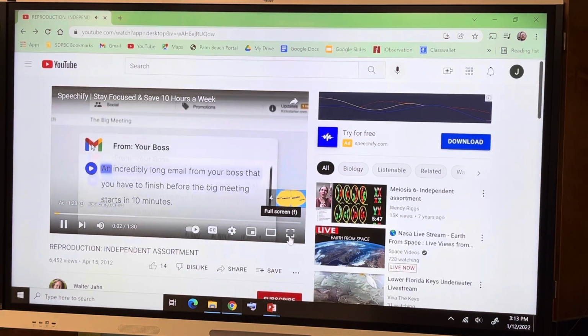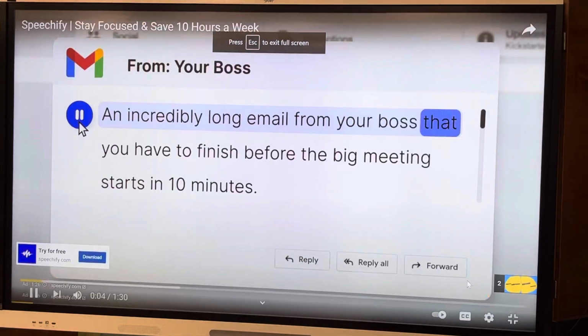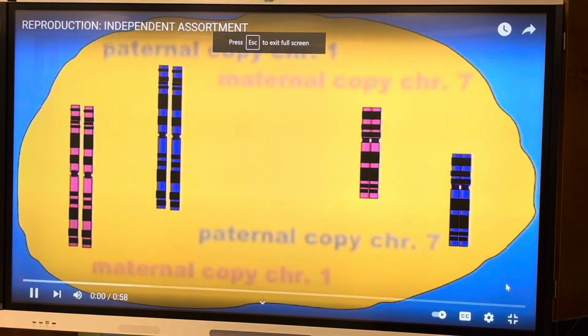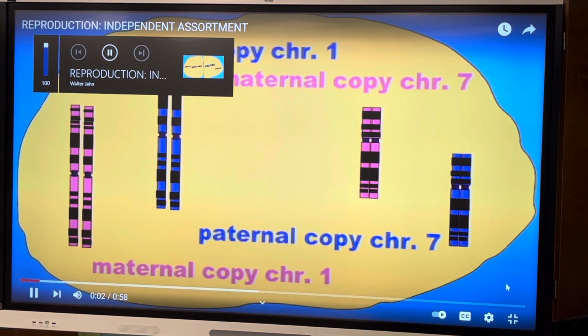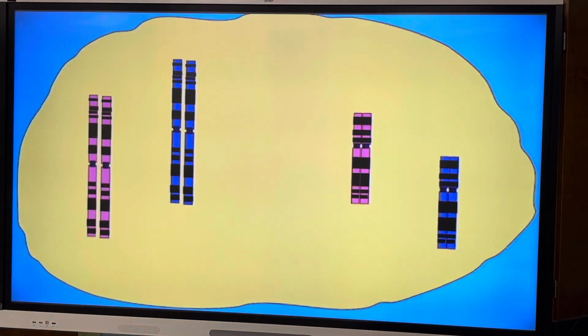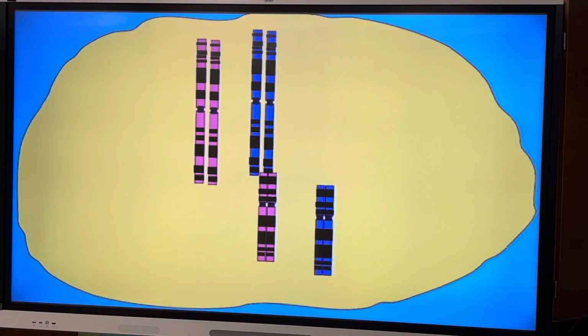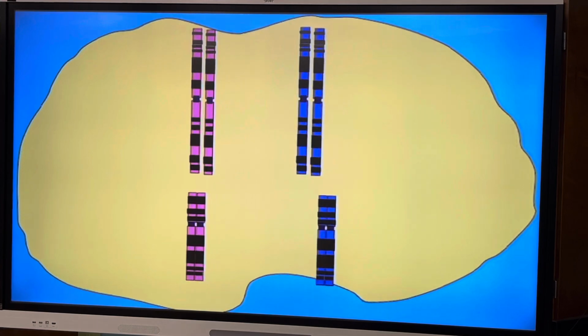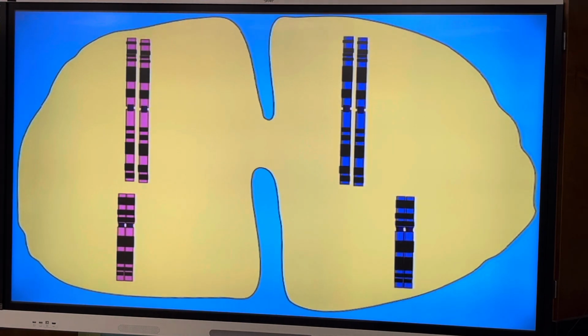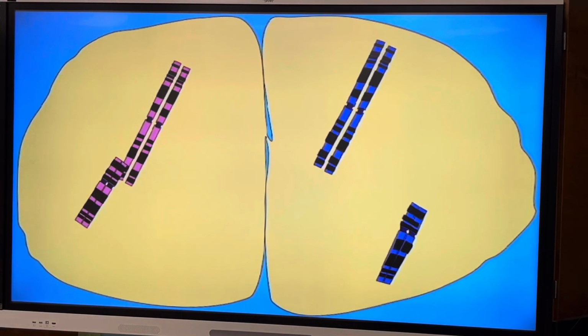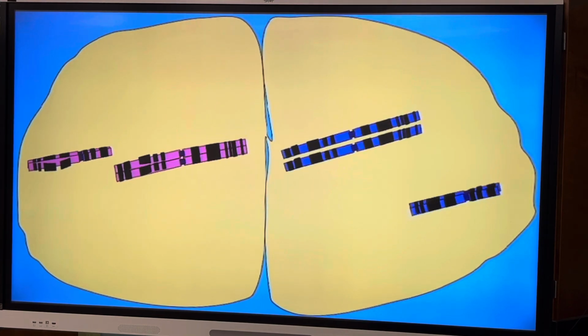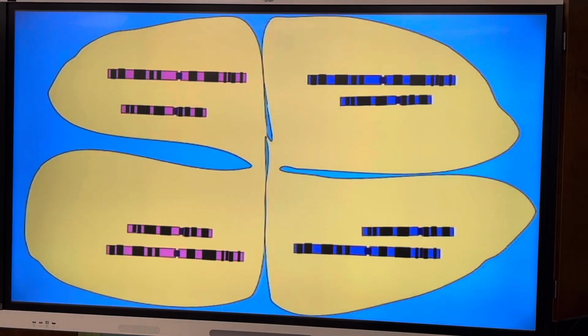Human cells are diploid. We have received one copy of each chromosome from each of our two parents. When we make gametes, the sex cells, our gametes will possess one of these copies, but not both. But our chromosomes assort independently. Some of our gametes may, for example, have both maternal copies of chromosome 1 and 7, and others possess the paternal copies of chromosomes 1 and 7.